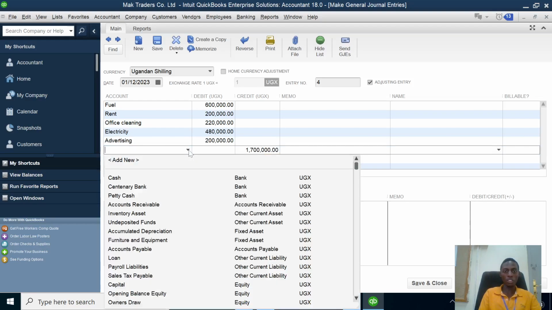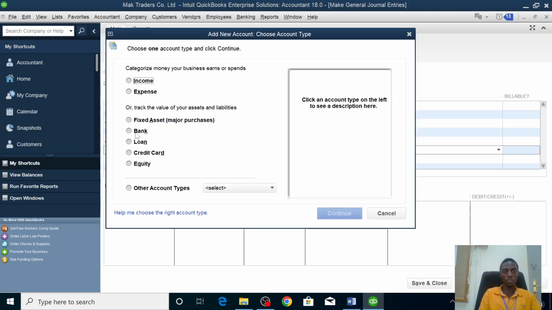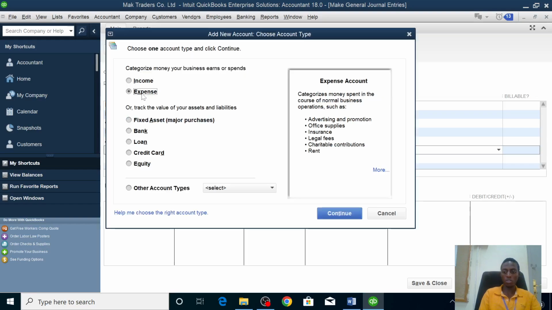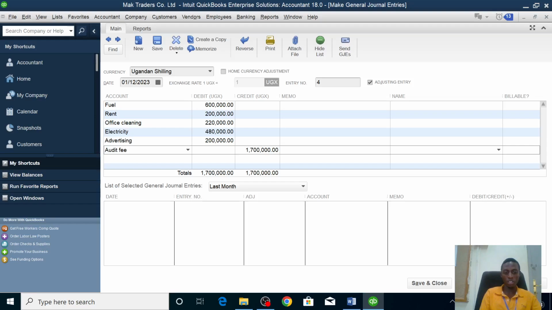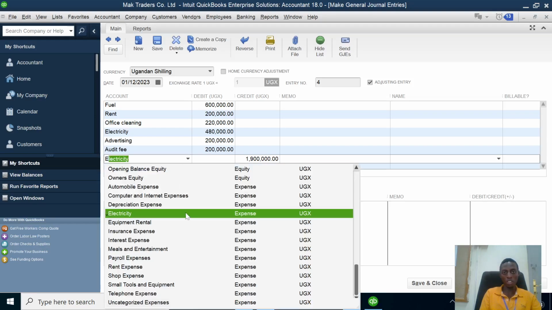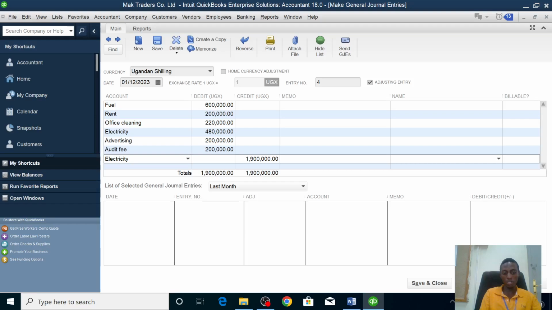Next, I have audit, expense, audit fee, 200, and I have electricity again, but it's already in here, 500.